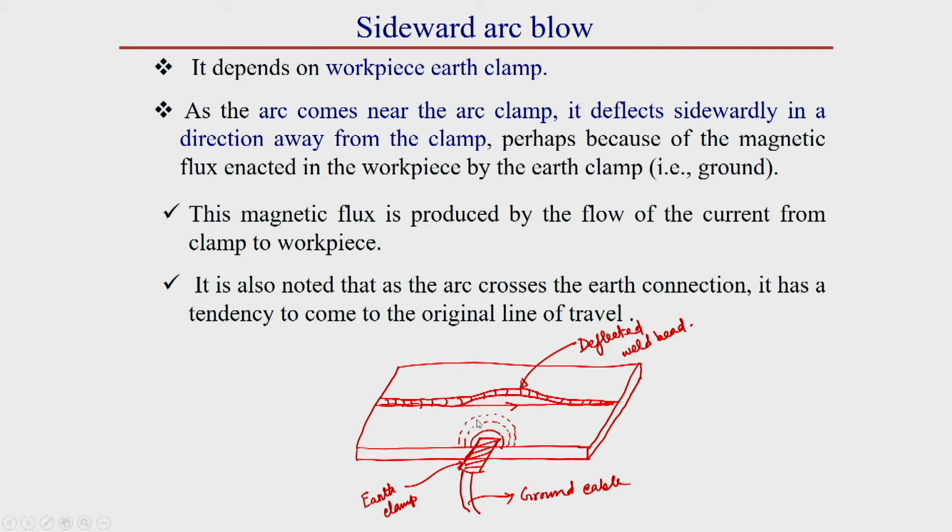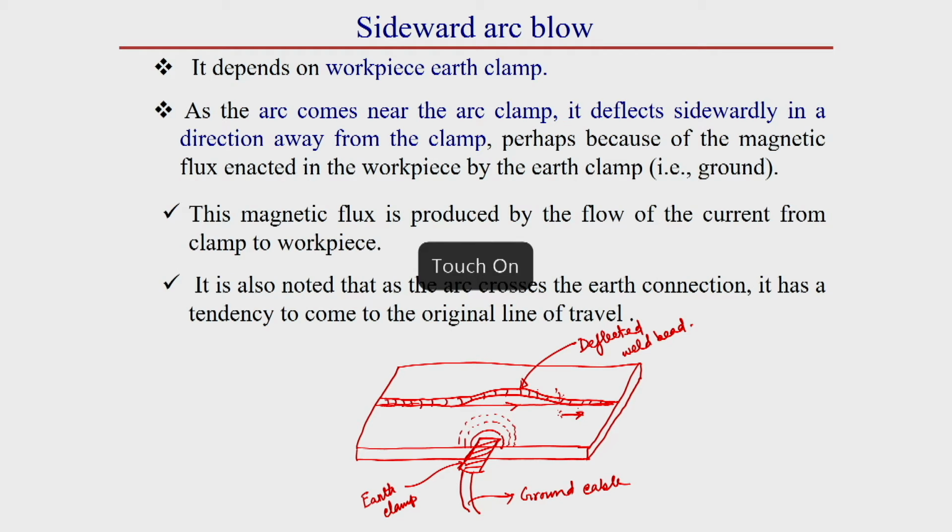That means it does not go through a straight line; instead of going straight, it deviates. The arc is deflected sidewardly, away from the earth clamp direction. Due to this, we get a weld bead which is deflected sidewardly, but once it crosses this earth clamp position, it returns to its original line. This type of arc blow is called sideward arc blow, because here the arc is deflected sidewardly due to the position of the earth clamp.